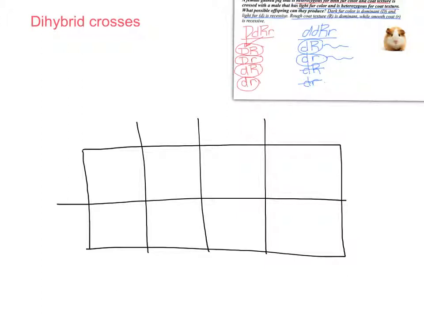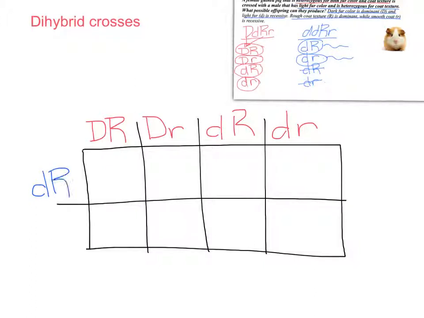So here's mom, so she can give these possible gametes. And then dad's going to contribute either this combination, so lowercase d, capital R, or recessive, recessive.